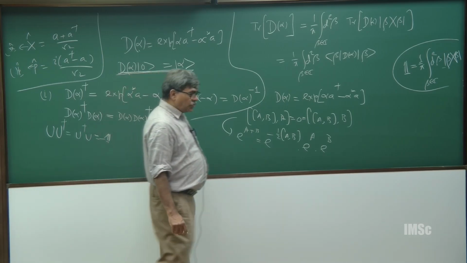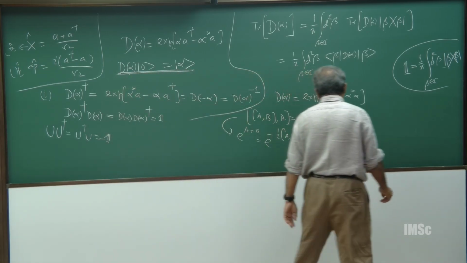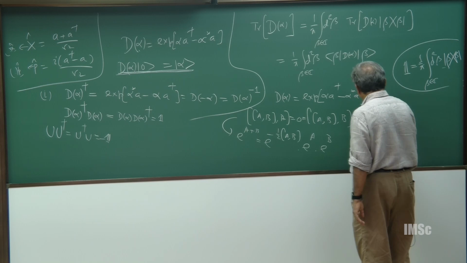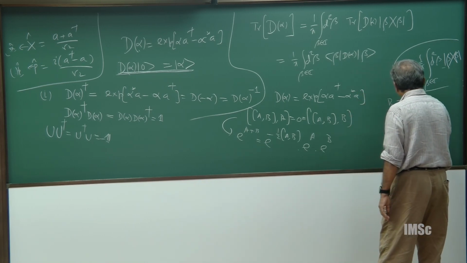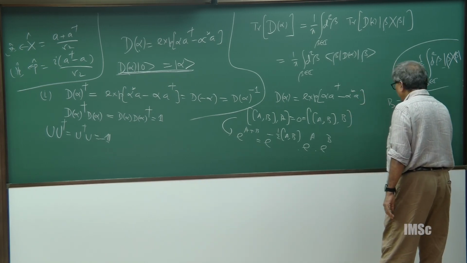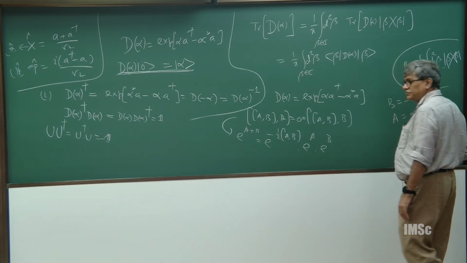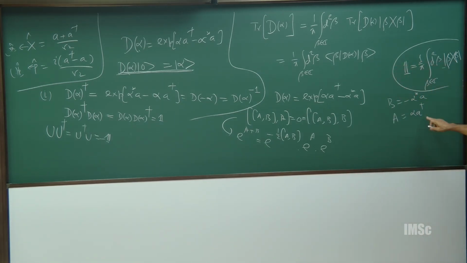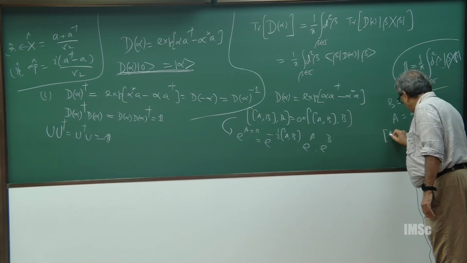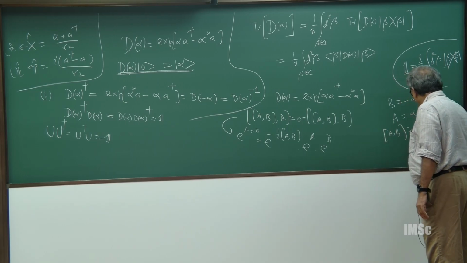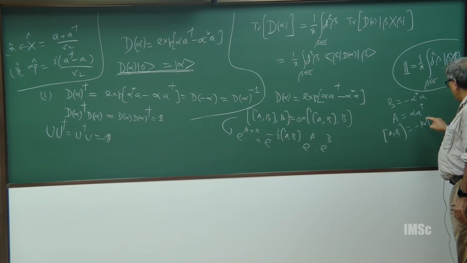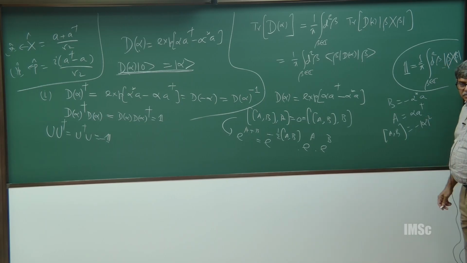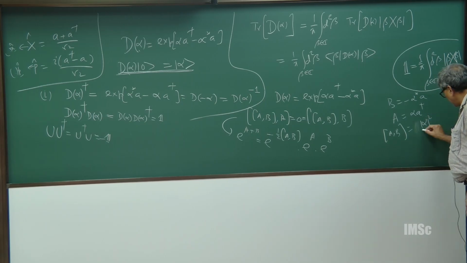Okay. So, for me, I take B as minus alpha star A and A as alpha A dagger. Then what is the commutator of A and B? This is minus mod alpha square A dagger A, which is just mod alpha square.